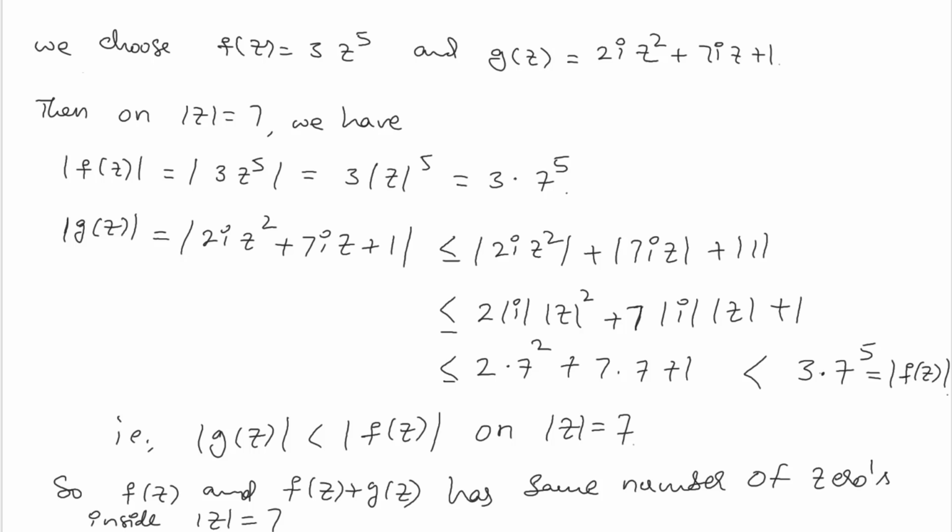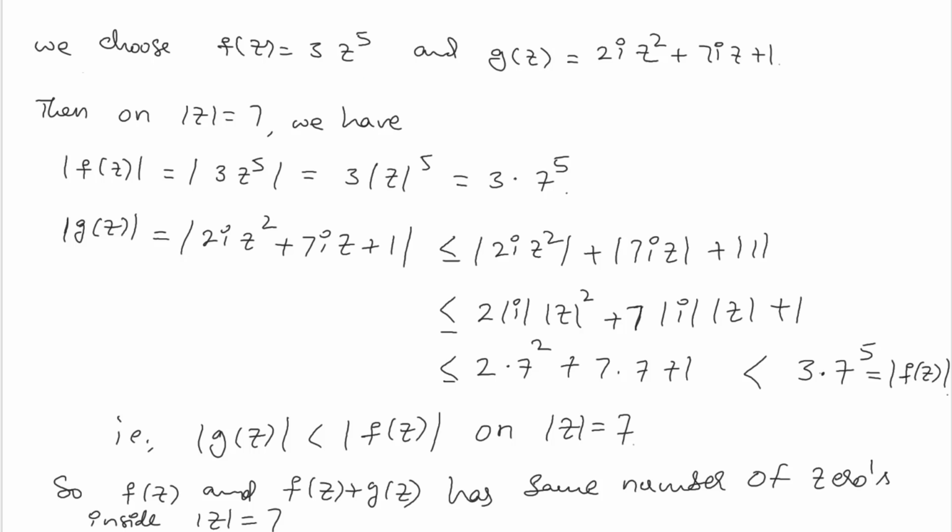Or one can next select 7iz as f of z and check whether this condition holds or not. By trial and error method, one can select the function f of z correctly. So for this circle mod z equal to 7, I am choosing 3z to the power of 5 as f of z.